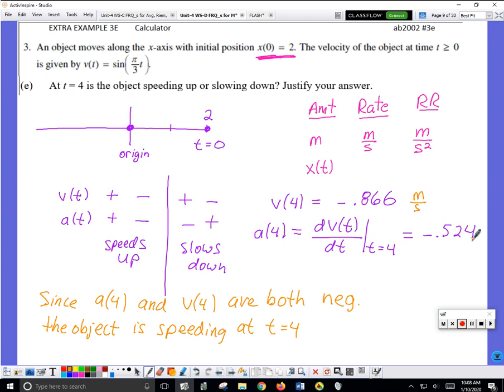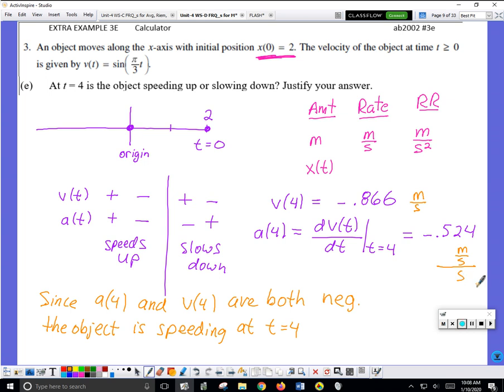The acceleration says that at that exact same moment, the velocity is going to be changing by negative 0.524 meters per second every time 1 second of time elapses. That's what acceleration means. So talk to each other and raise your hand, use your calculator if you need to.